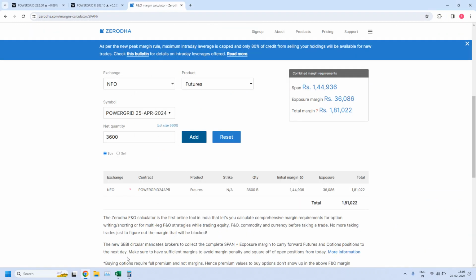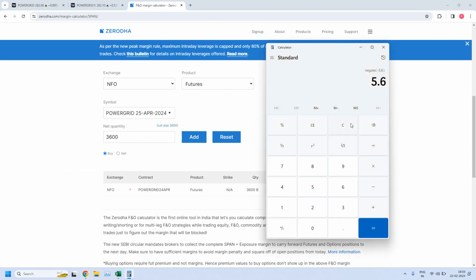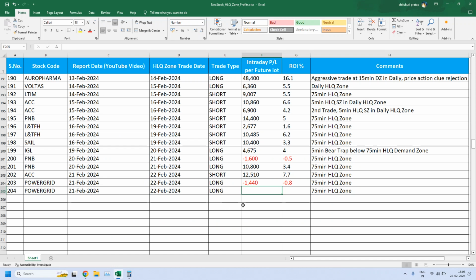Now in the margin calculator we already have POWERGRID. 5.6 into 3,600. We got a profit of 20,160 rupees. So 20,160 I am entering in the Excel sheet.